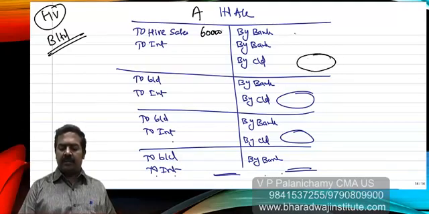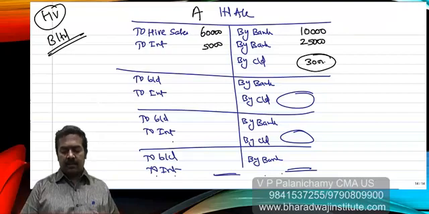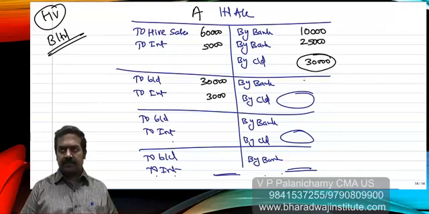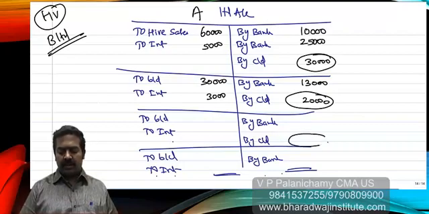By bank down payment 10,000. First installment 25,000, 5,000 interest. To balance brought down 30,000, interest 3,000, bank collected is 13,000. By balance carried down, how much? 20,000. 20,000 interest 2,000.